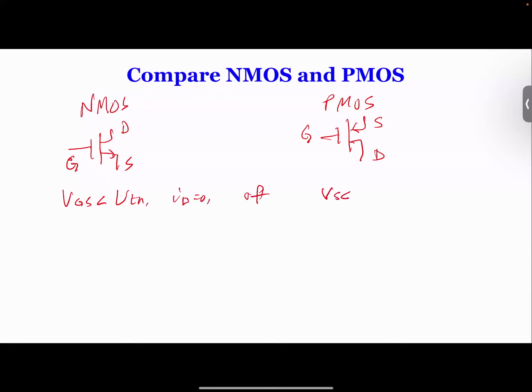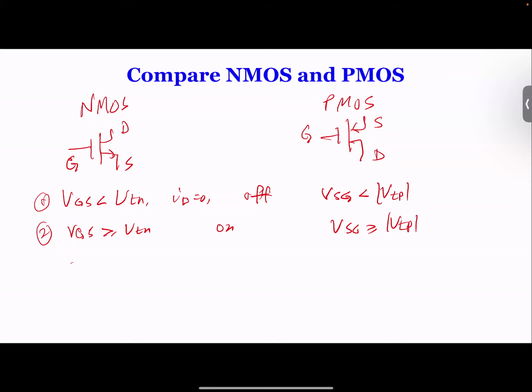And in this case, the VSG is less than VTP. That's the condition. So that's number one. And number two is VGS larger than VTN. This is on. And VSG is larger than VTP, and that's on mode.